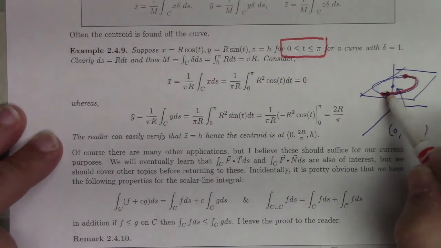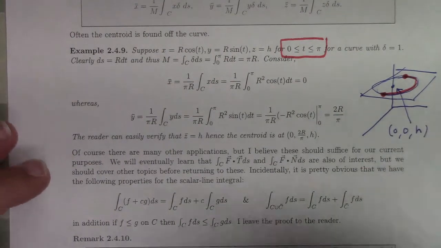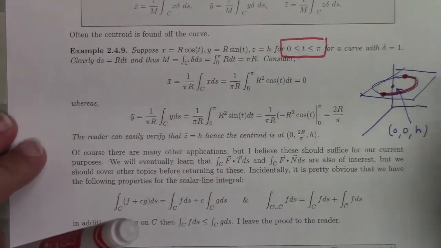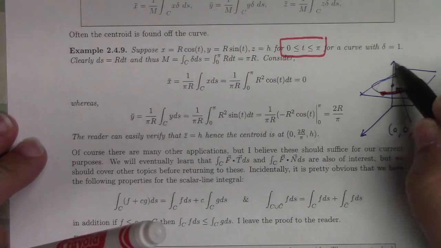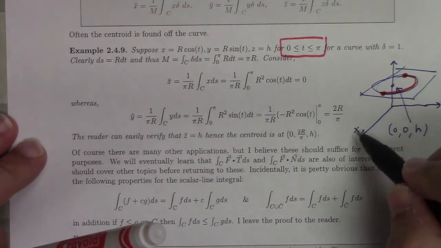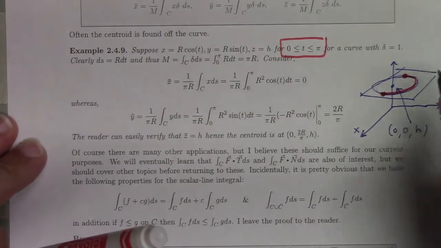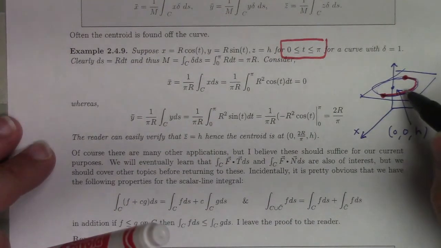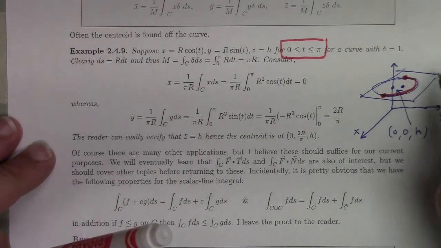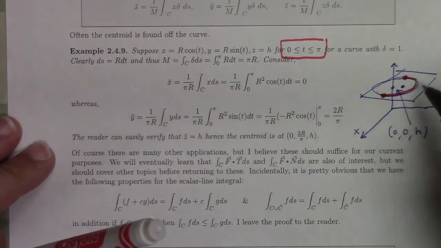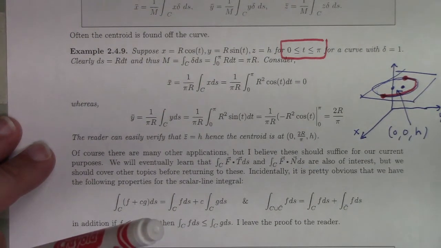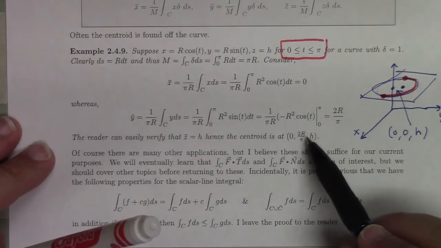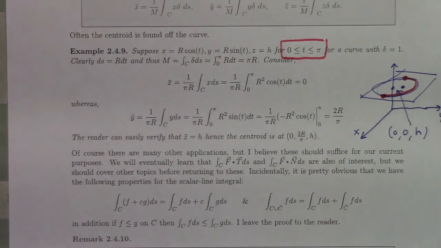So it's only that part of the circle, right? So it makes total sense that the average x should be 0, but y should be to the right. The centroid is actually over here, because it's not a whole circle, so the average location of these points is right there, which is 0, 2r over pi, comma h.